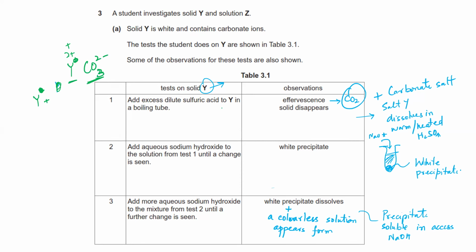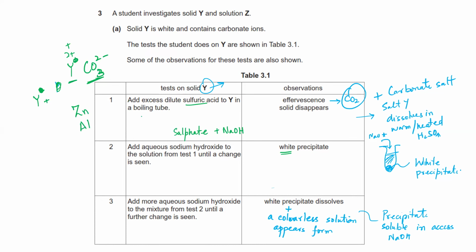Once there is effervescence, this Y completely dissolves in sulfuric acid. So carbonates generally dissolve, and then it forms a sulfate, and that sulfate salt plus NaOH will give a white precipitate. Generally these two are zinc and aluminum.